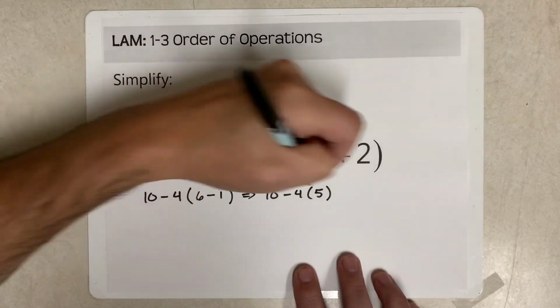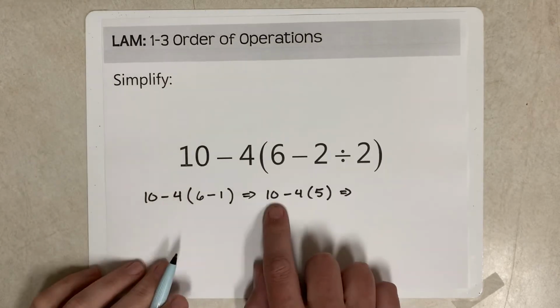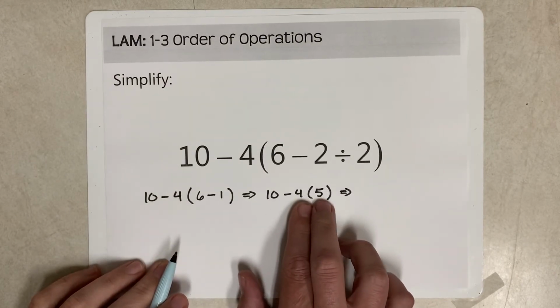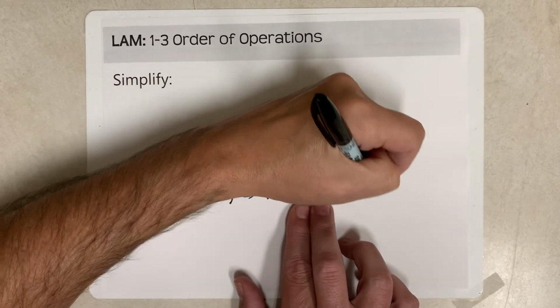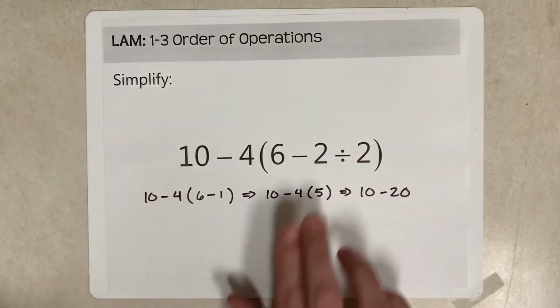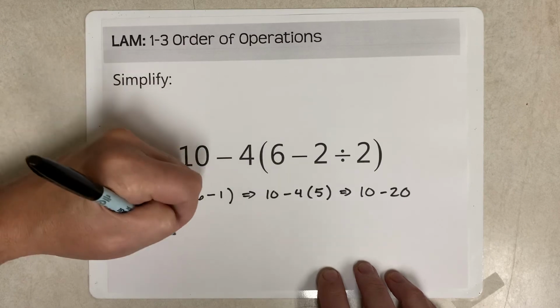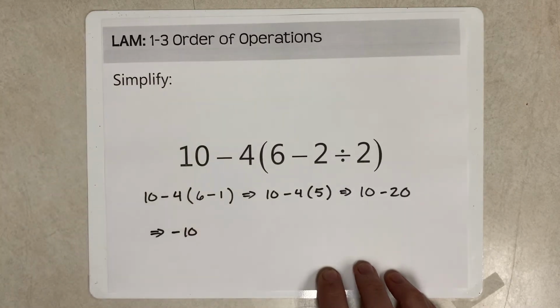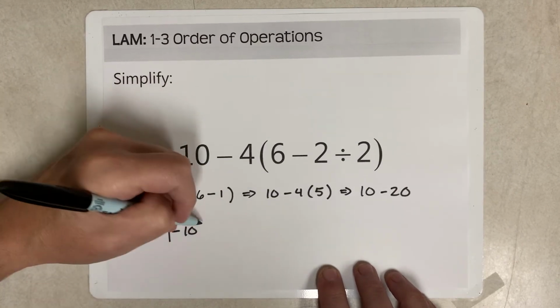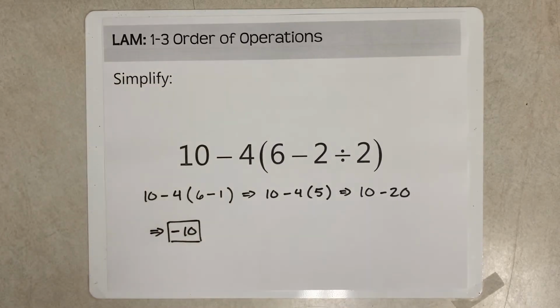Okay, next step. I can do that over here. 10 minus, got to do multiplication next. 5 times 4 is 20. So now I have 10 take away 20. And that should give me a negative 10 is my final answer for that. And we'll box that on in.